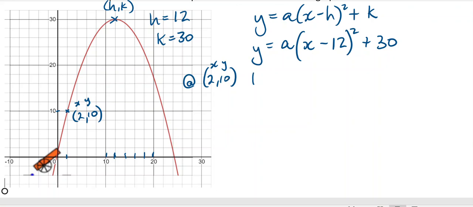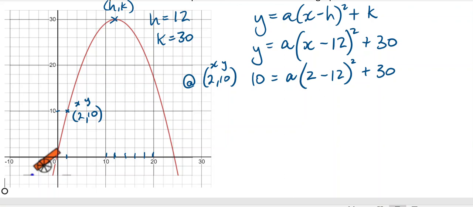So instead of writing y, I'm going to write 10. A I'm going to keep as a, because that's what I'm trying to find. The x is going to be 2 minus 12, all squared, plus 30. Now a is the only variable, so we should be able to work out what that is.